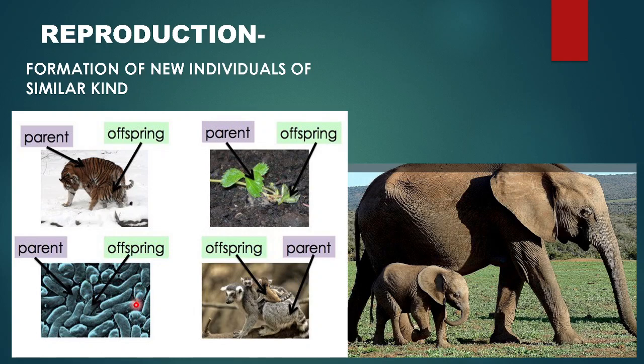These are microbes. They are growing. The parent, the cell division, new offsprings are arising. Now, even here, you can see this is the parent and the offsprings. So, here you can see everywhere the new individual is of the same type as the parent. So, why are these new individuals produced? To continue the race, to continue the species.